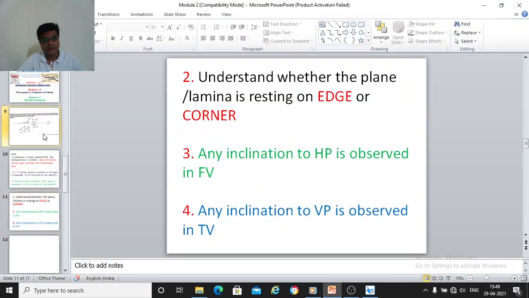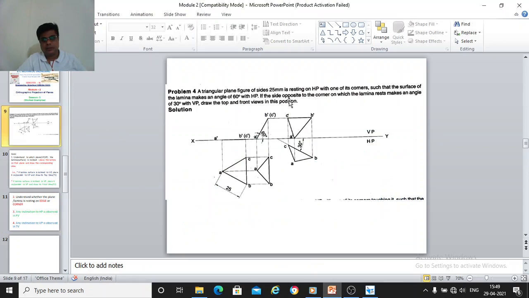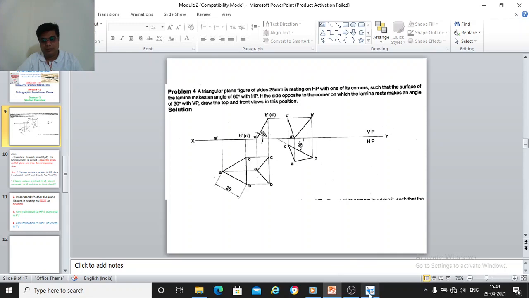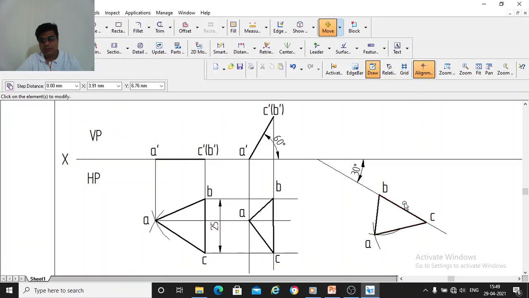What is the condition? The side opposite to the corner on which the lamina rests makes an angle of 30 degrees. So this condition, the side opposite to this corner A is BC. So this BC is at 30 degree now, and this same triangle you are drawing here. Now we got the top view.